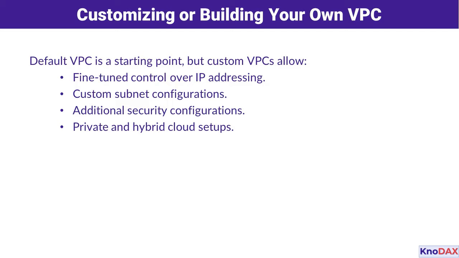Custom VPCs also enable advanced networking capabilities, such as creating private or hybrid cloud setups. This flexibility ensures your architecture aligns with specific compliance requirements, workload demands, and scalability goals. By customizing your VPC, you can optimize performance, improve security, and build a robust network foundation for your applications.